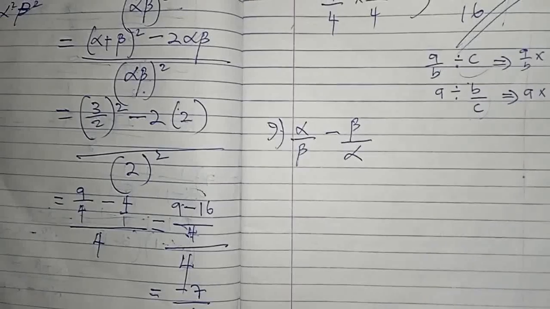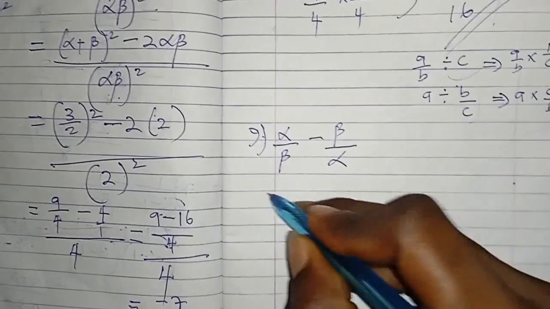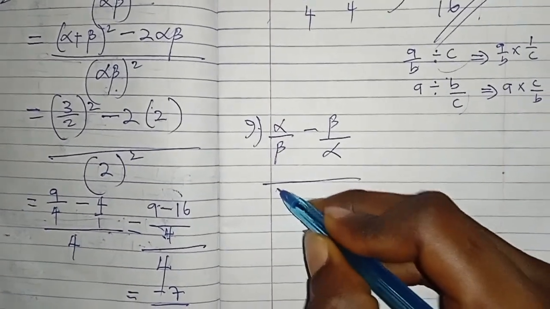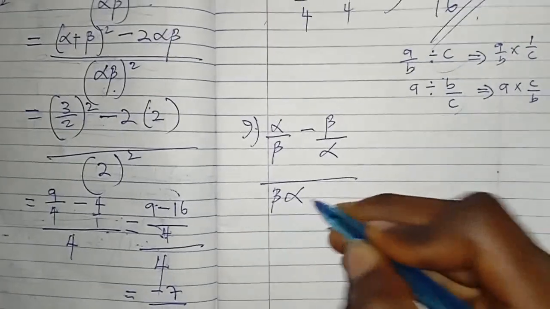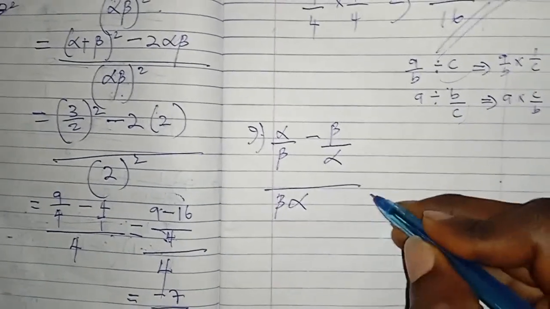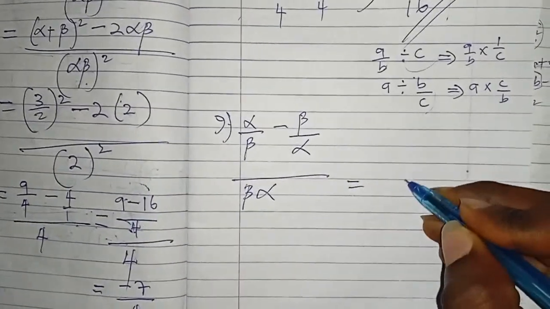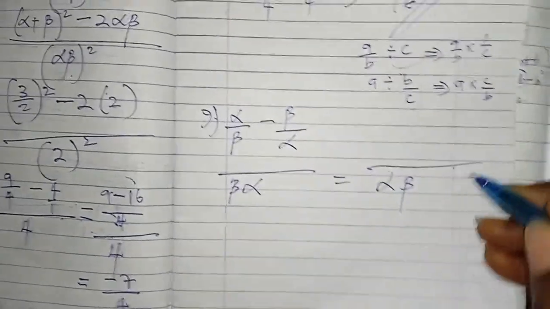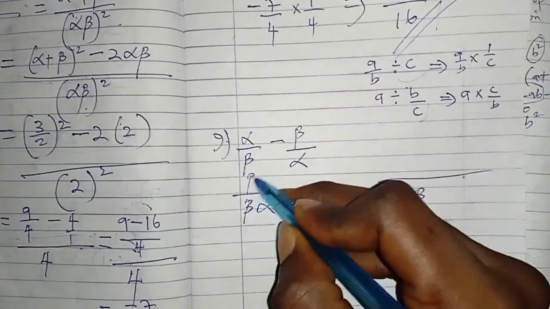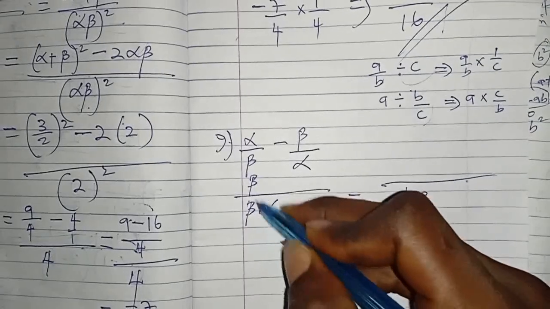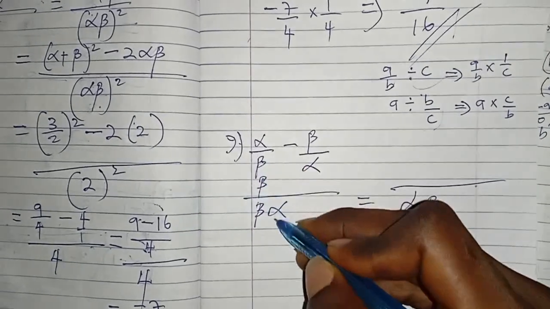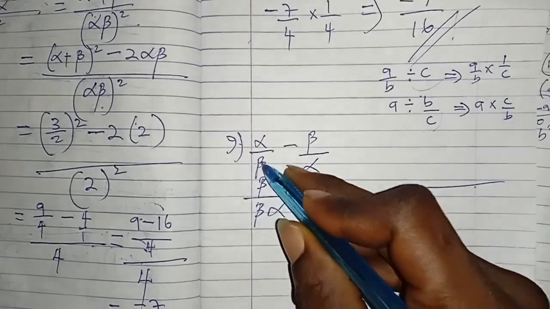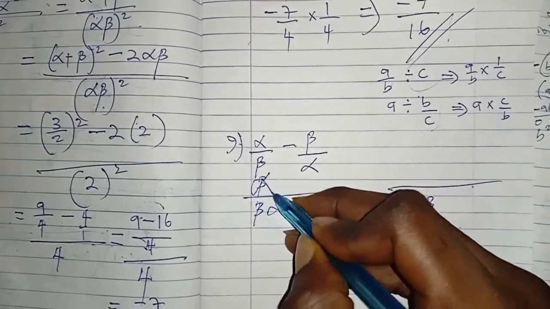So this will give me the LCM. And you know that beta alpha is the same thing as alpha beta.